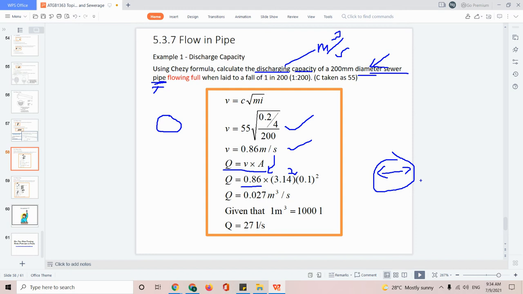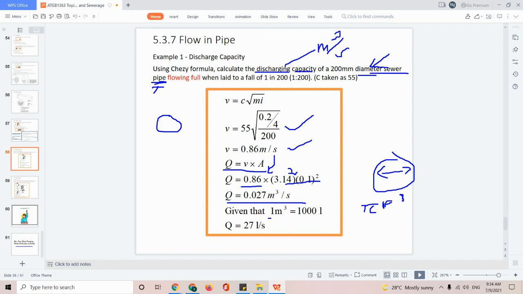So the area of a circle, I use pi r square. I use the radius to find the area of the circle. Then we'll be able to get Q, which is 0.027 meter cube per second.